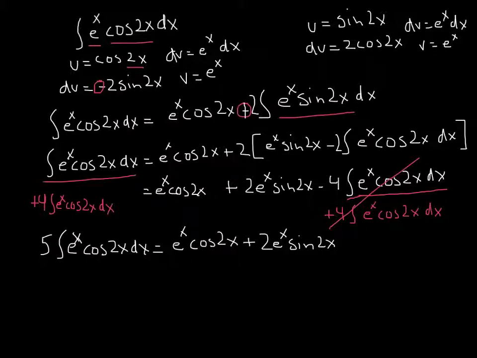And so now we can simply divide both sides by 5. Divide by 5. And I'm going to pull out an e to the x here because it's common to both.